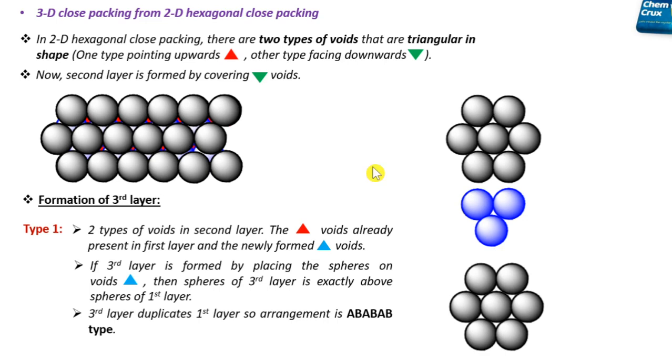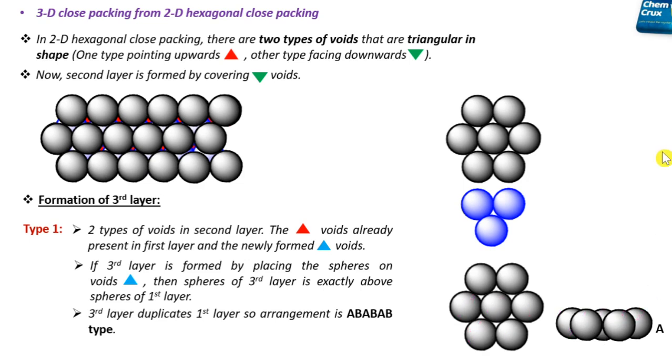So this is the first layer of type A, right? So the spheres that you can see here are actually these four spheres, and this one in the middle is actually this sphere. You cannot see these two spheres because they are at the back and you are viewing from the front, right?